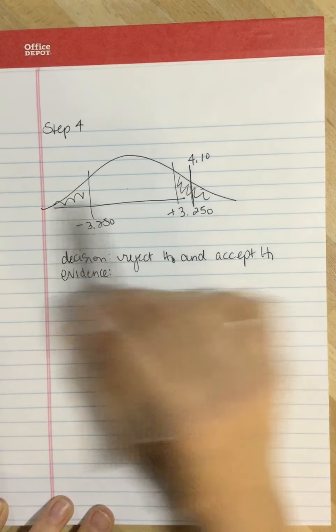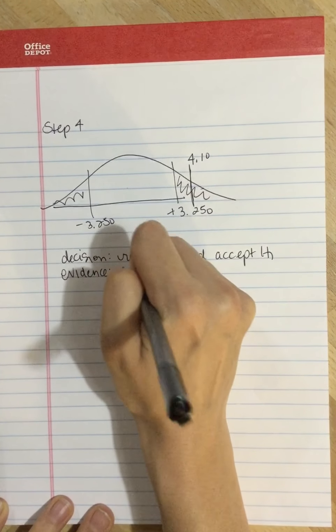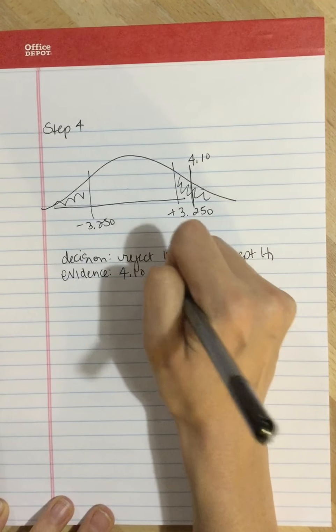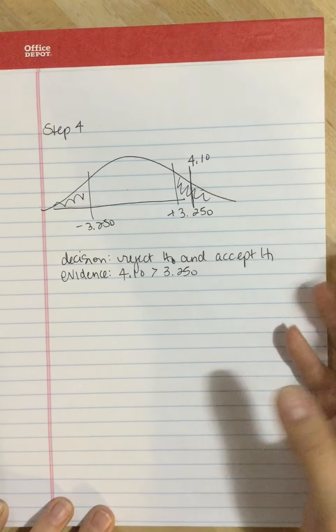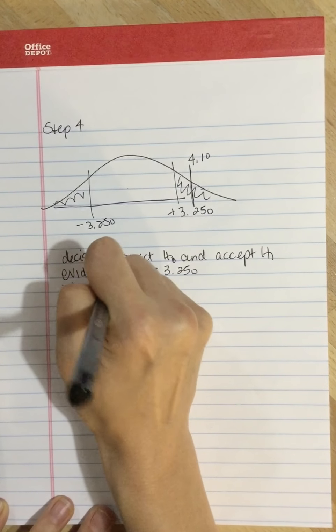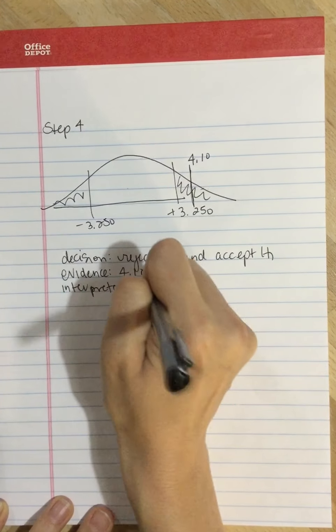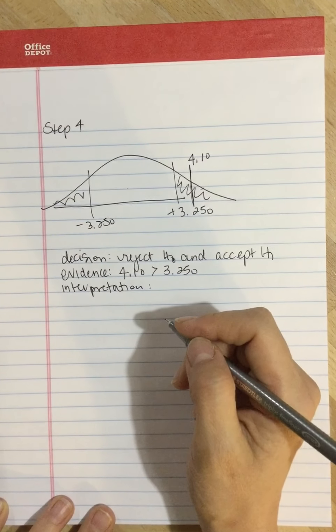So for evidence, you can either use this diagram or you can say that 4.10 is greater than 3.250. So you reject the null and accept the alternate. And the interpretation is that there is a significant effect.